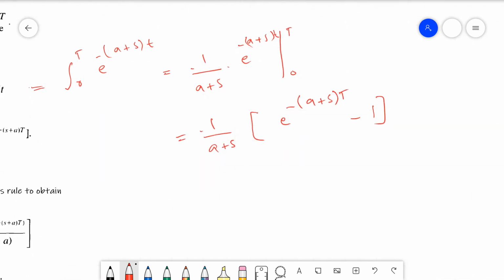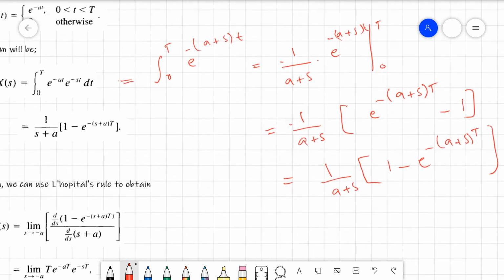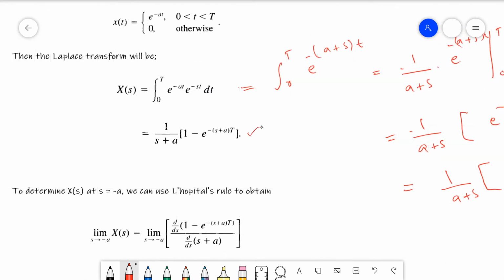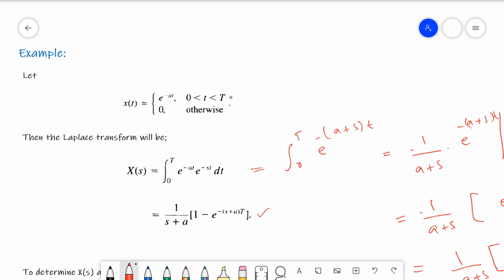So if we multiply minus 1, then we will get 1 over a plus s, times 1 minus e raised to the power minus (a plus s) capital T, which is the same expression here. From here we can see that this is a finite time signal, and from property 3 we can say that its region of convergence is the entire S plane.